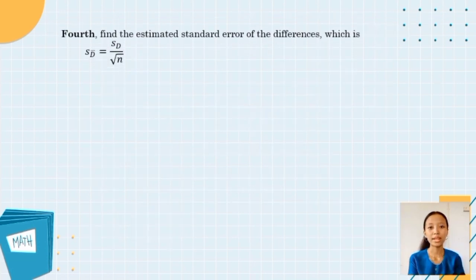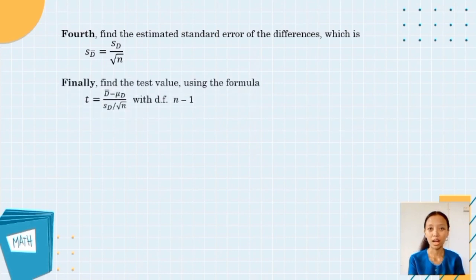Fourth step is to find the estimated standard error of the differences, which is s sub d bar equals s sub d over the square root of n. Finally, find the test value using the formula t equals d bar minus mu sub d over s sub d divided by the square root of n, with degrees of freedom n minus 1.